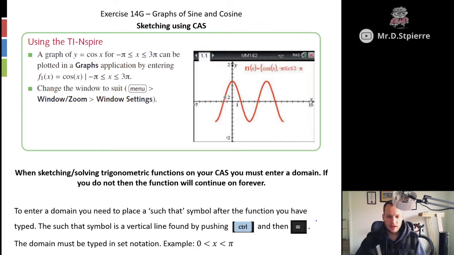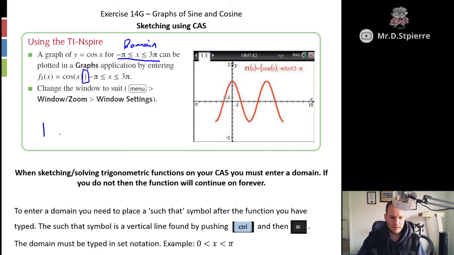Right here, there's some instructions on how to graph on CAS, particularly when you're given a domain. Okay. And just remember, you want to use this symbol here to put in your domain.